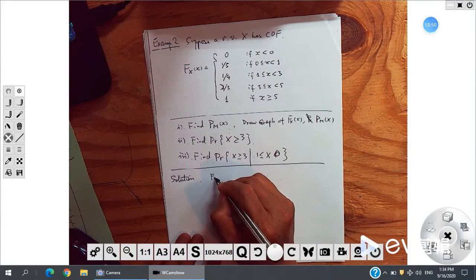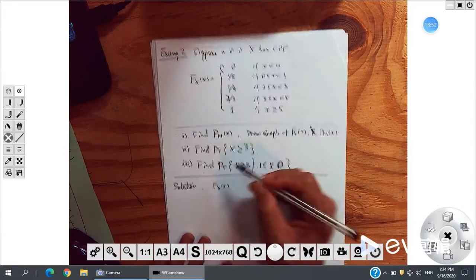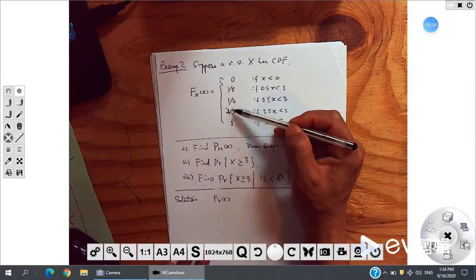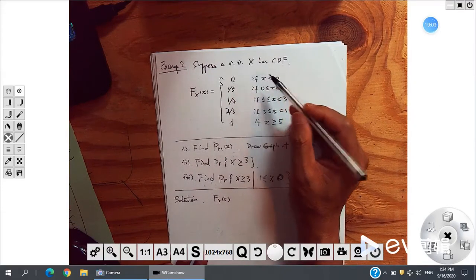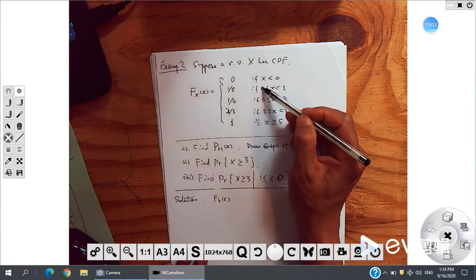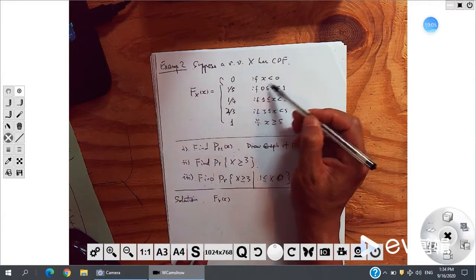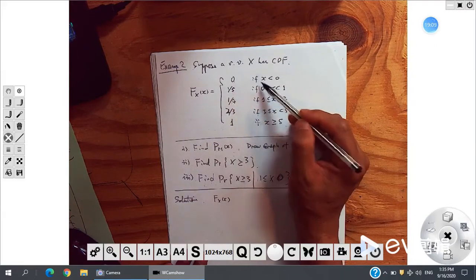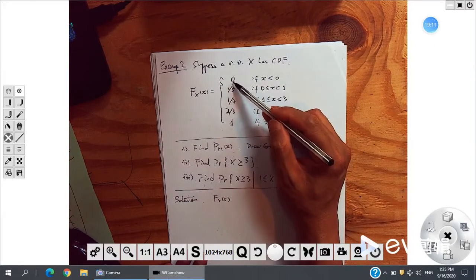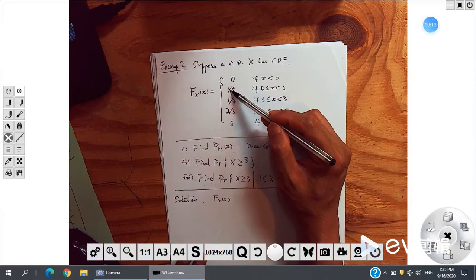F_X, you can see they have different values, right? So every time the value changes at that point, you see here, when x is 0, the value is changing, right? The value jumps from 0 to 1/5.